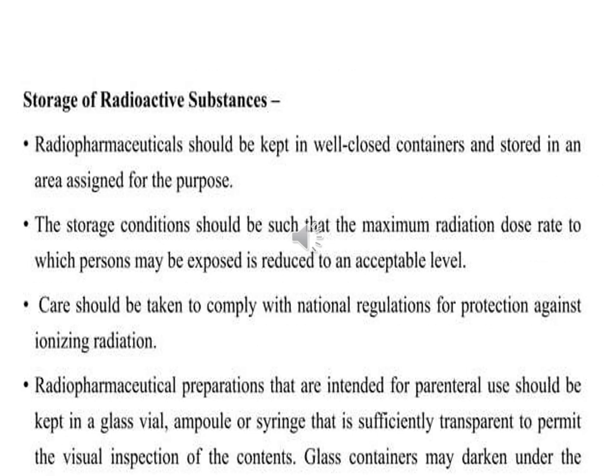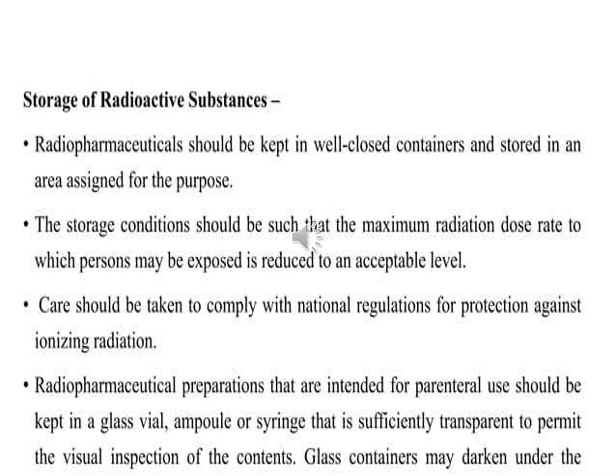Storage of radioactive substances. Radiopharmaceuticals should be kept in a well-closed container and stored in an area assigned for the purpose. The storage conditions should be such that the maximum radiation dose rate to which a person may be exposed is reduced to an acceptable level. Care should be taken to comply with national regulations for protection against ionizing radiation.